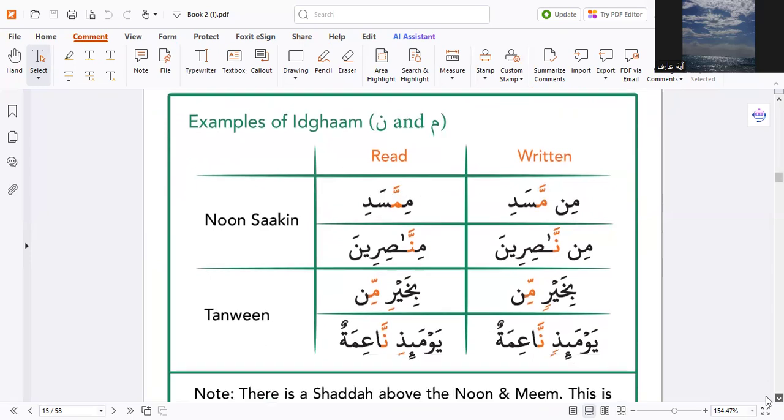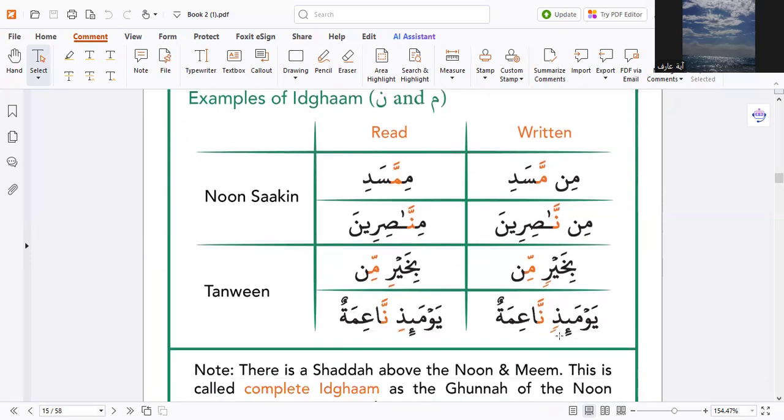Also we can see here ناعمة يومئذ. The tajweed rule applied here is idgham with ghunna.